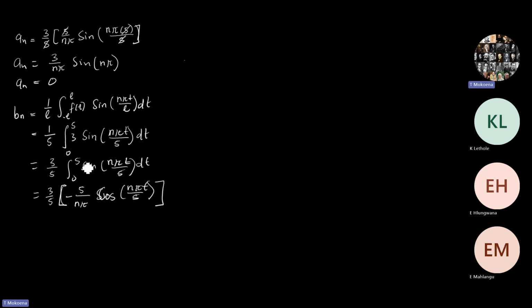So square bracket, the upper bound is 5, the lower bound is most definitely 0. And therefore from here, we multiply. I'm going to have negative 3 over 5, there I have 5 over n pi cos of n pi t.